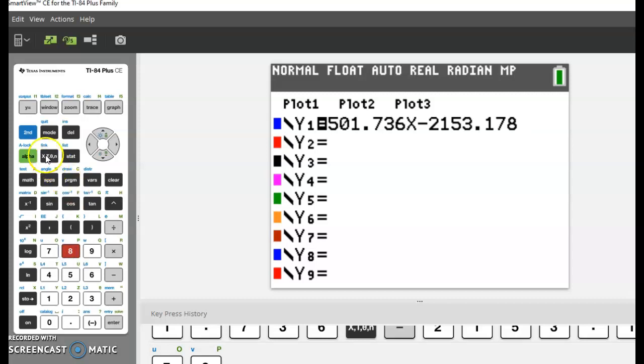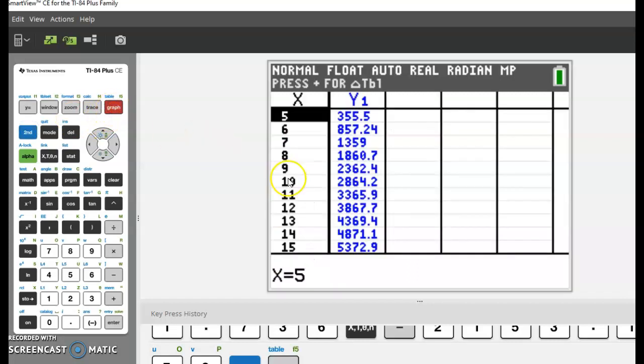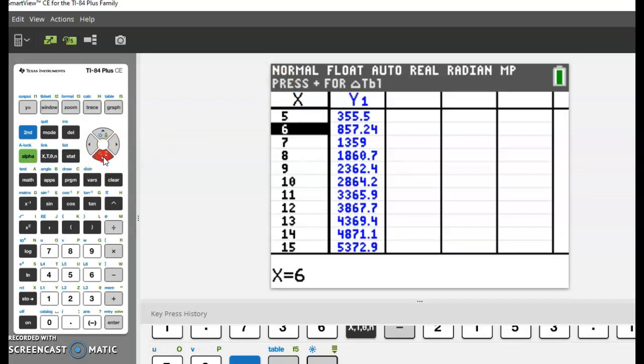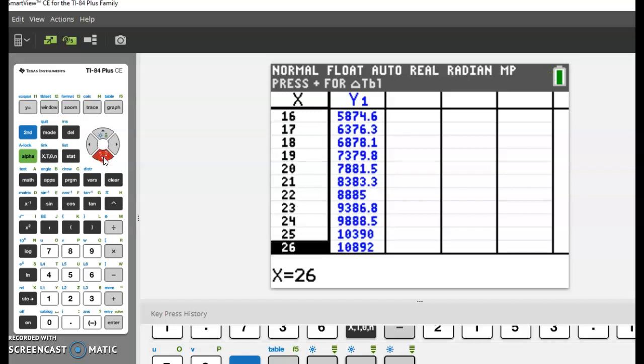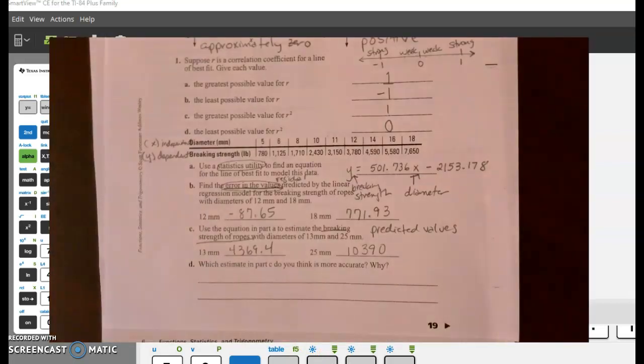Then I can pull up the table that goes with that equation so that I can find all the values, not just the ones from my original table. When I go down to 13, I see my answer, so I'm going to write that on my paper. Then I scroll down to 25 and write that answer down. I've got my two answers from the table after putting it in y equals.